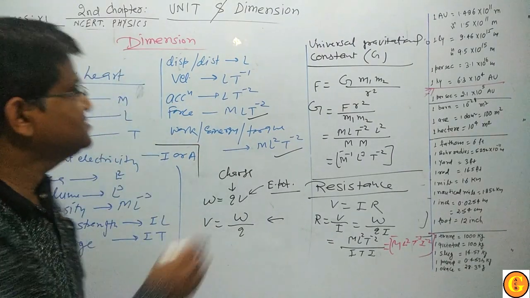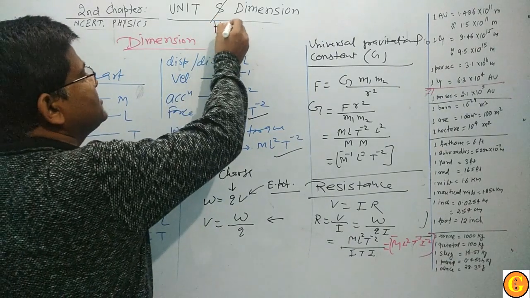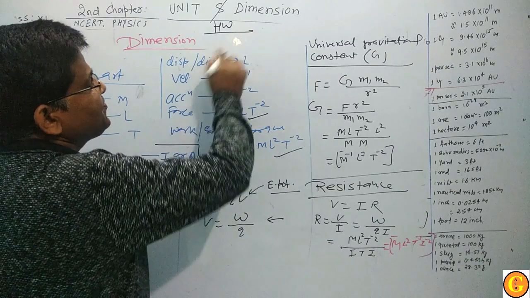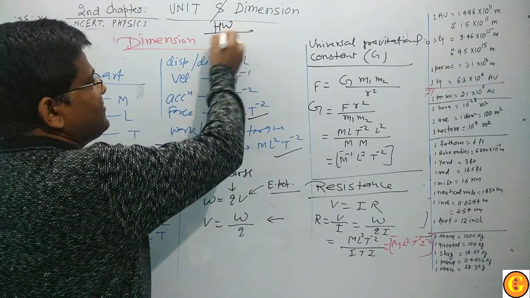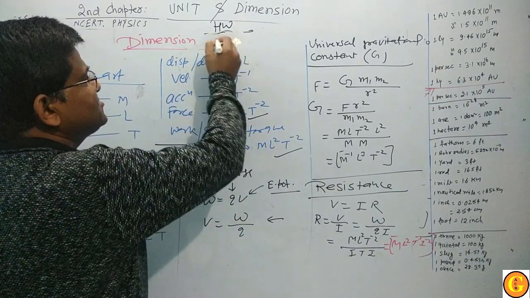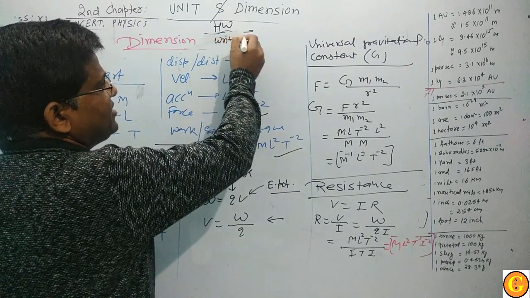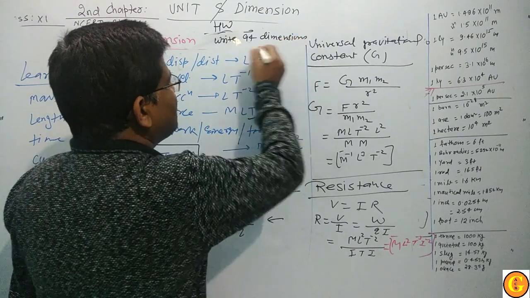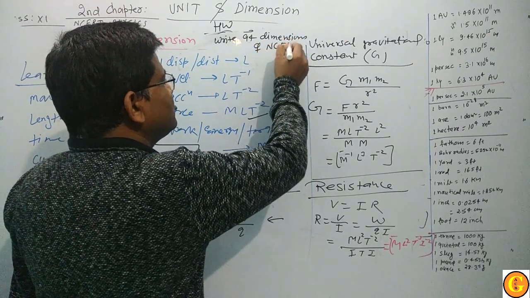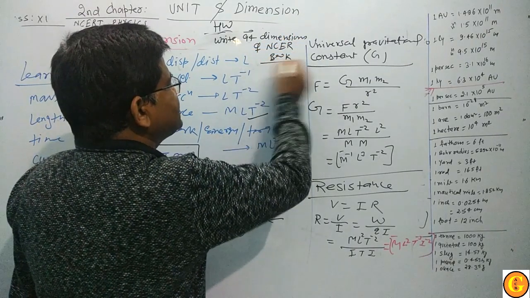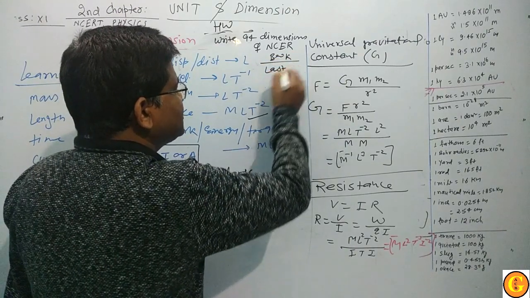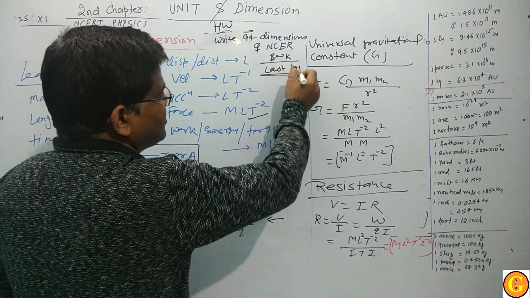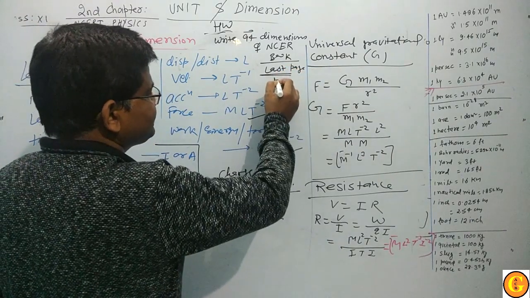Your homework, or class work as you wish: write 94 dimensions from the last page of the NCERT book, first volume.